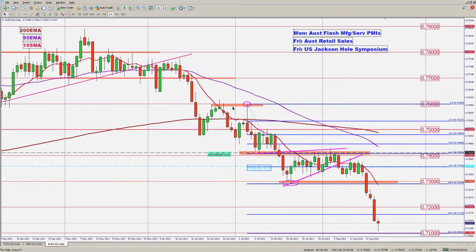So if we look at this, this is like a flagpole with the bearish pennant.